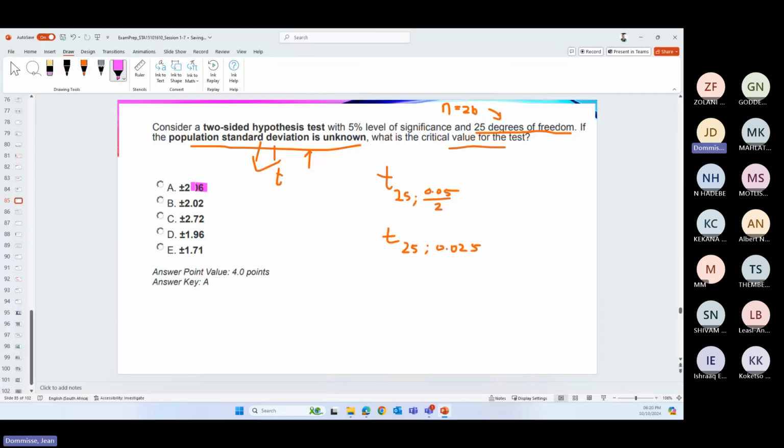Okay, and because it is two-tailed, two-sided, it is plus minus 2,06. But they will not really give you a plus 2,06 somewhere and a minus 2,06 somewhere else, because that nearly gives it away that your answer is 2,06.